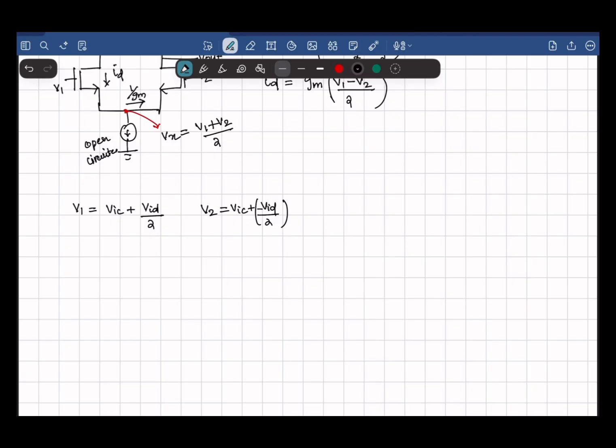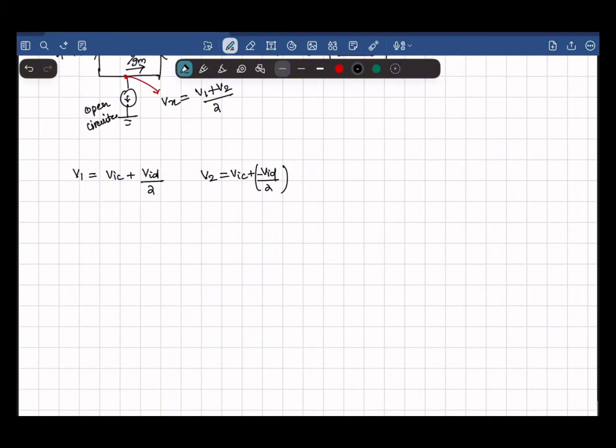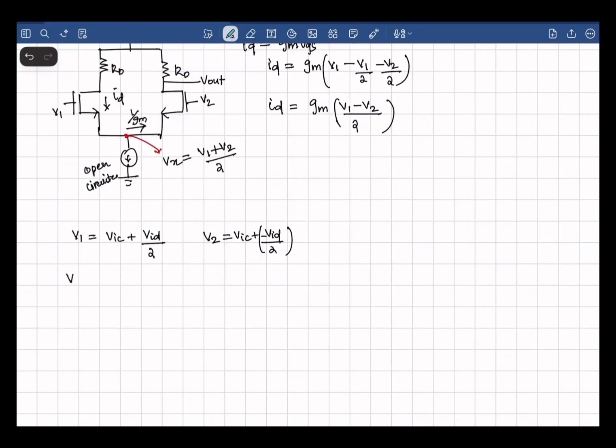When we are analyzing the behavior of the circuit, we see what happens when we feed only the common mode voltage, and we also analyze what happens if we feed only the differential voltage. Common mode voltage is given by V1 plus V2 divided by 2, and the differential mode voltage is given by V1 minus V2 divided by 2.